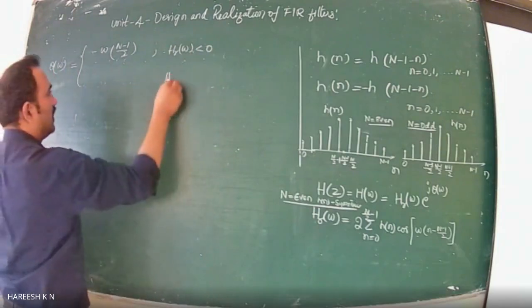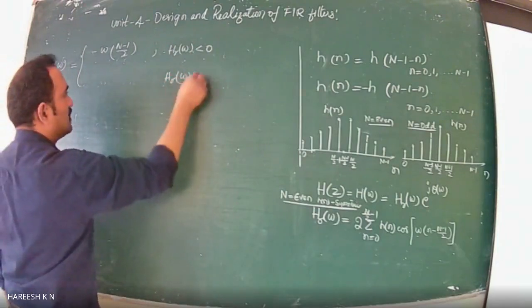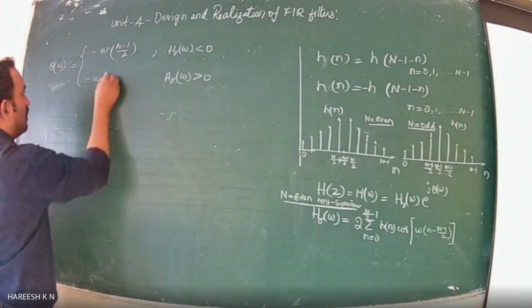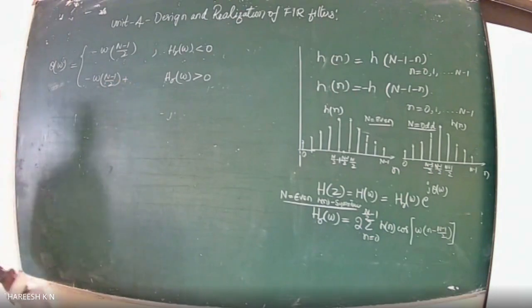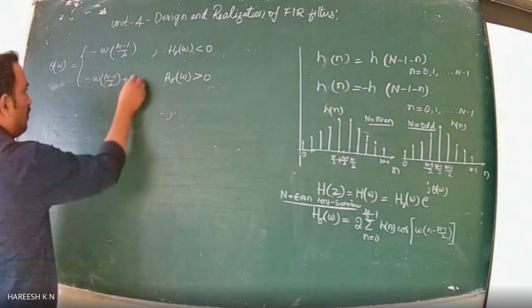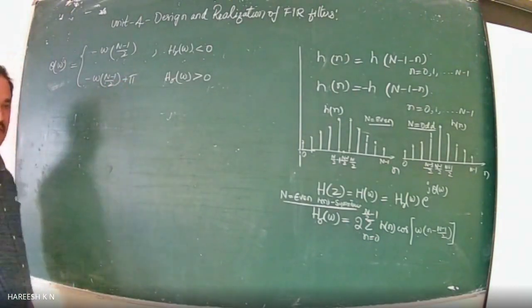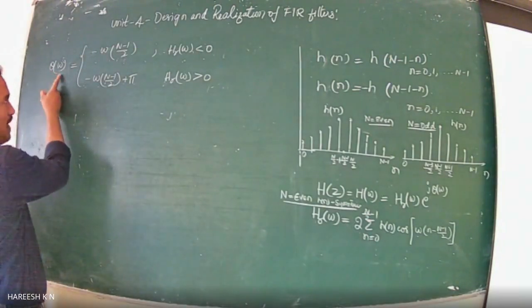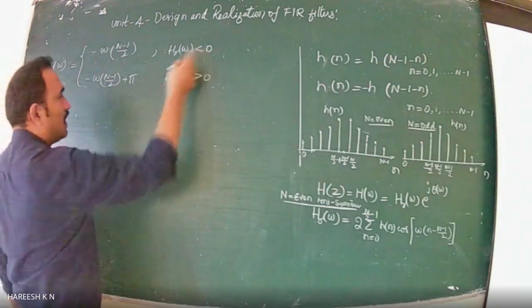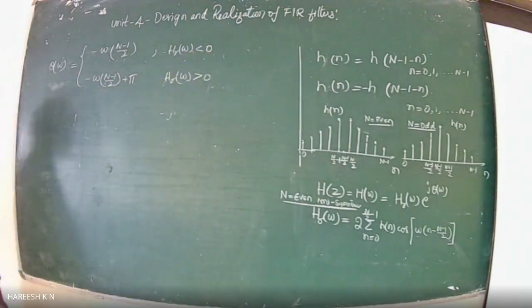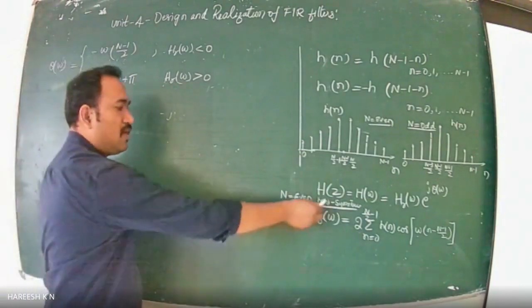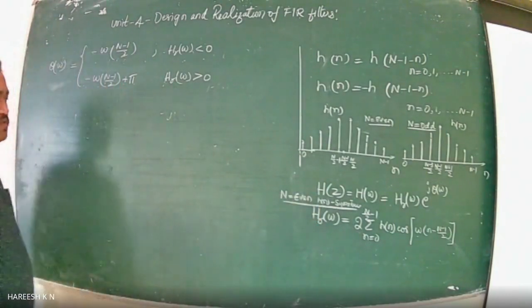If h_r of ω is greater than 0, then it takes minus ω (N minus 1) divided by 2 plus π. Now this is the phase theta of ω for h_r of ω less than 0 or h_r of ω greater than 0, right?